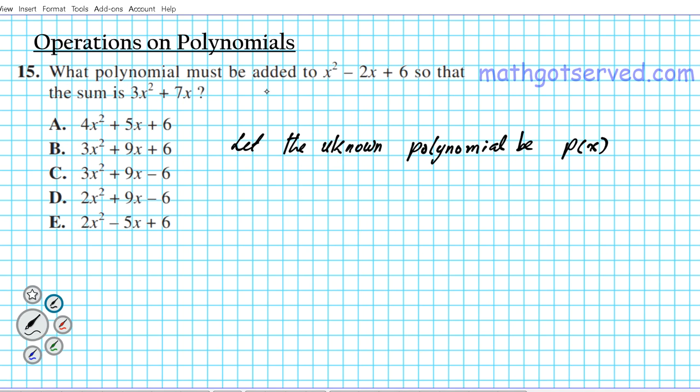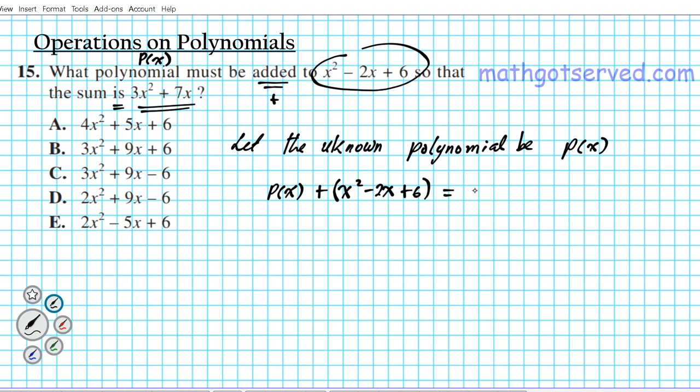All right, so it says what polynomial must be added, so the operation is added to this polynomial so that the sum is this. Okay, so we're adding two polynomials, p of x, which is the unknown, we're adding it to this, and this is the answer that we're getting. Okay, so let's set up an equation using this information that we have. Polynomial p of x, the unknown, is added to x squared minus 2x plus 6, and the result is 3x squared plus 7x.